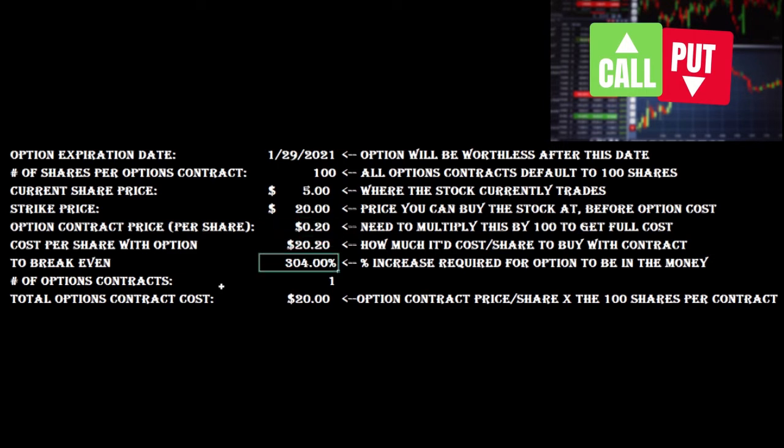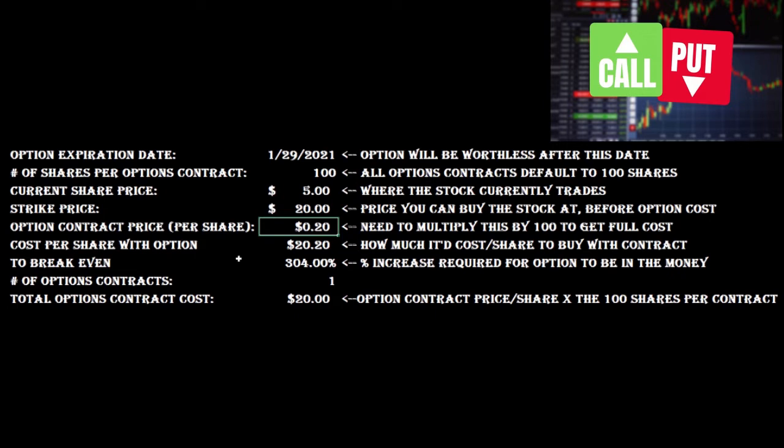So what happens is, let's say this never gets over $20.20, which would be required to break even if you were going to exercise the options contract. But for every dollar that it gets closer to the strike price, this options contract is increasing in value.